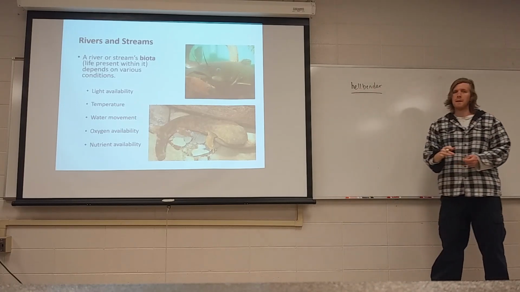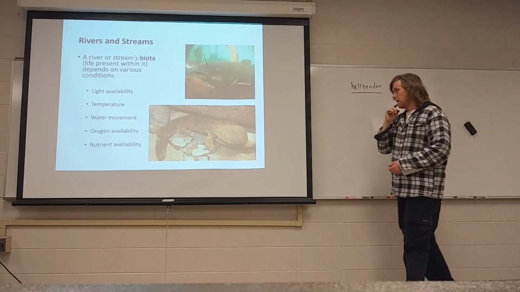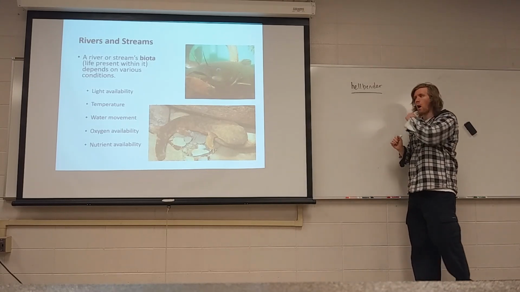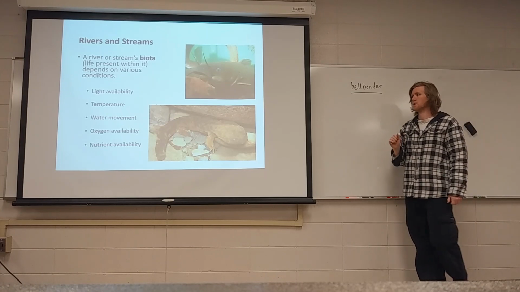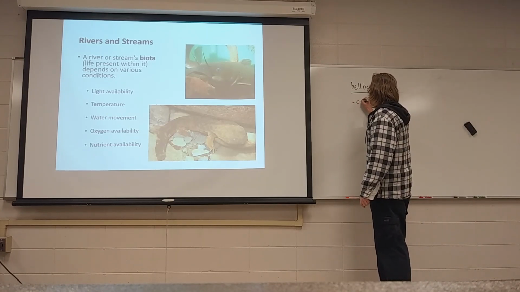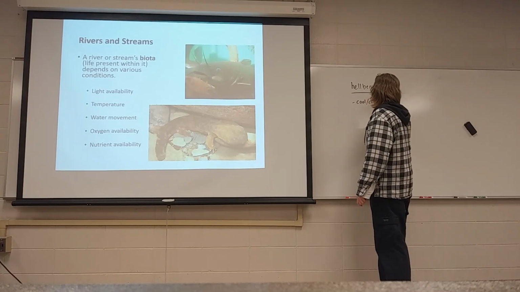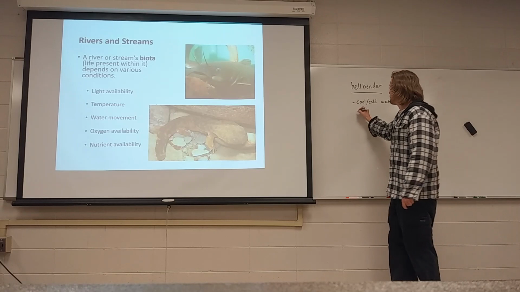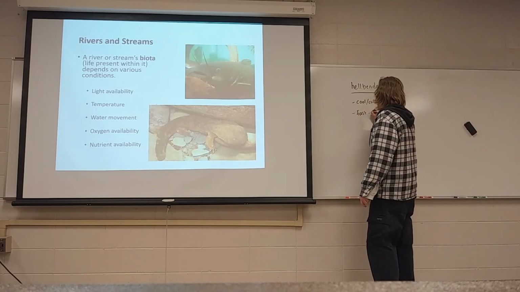So let's start with it. In terms of light availability, they tend to hang out under rocks, so I don't think light availability is an important thing for them. But temperature is. They need cold water. And with water movement, they need fast-moving water.